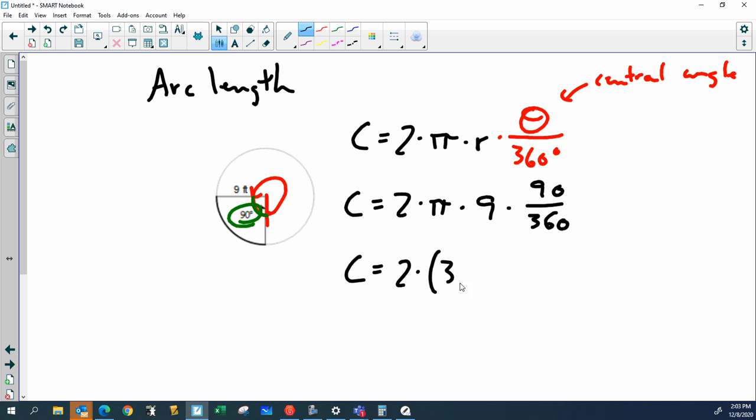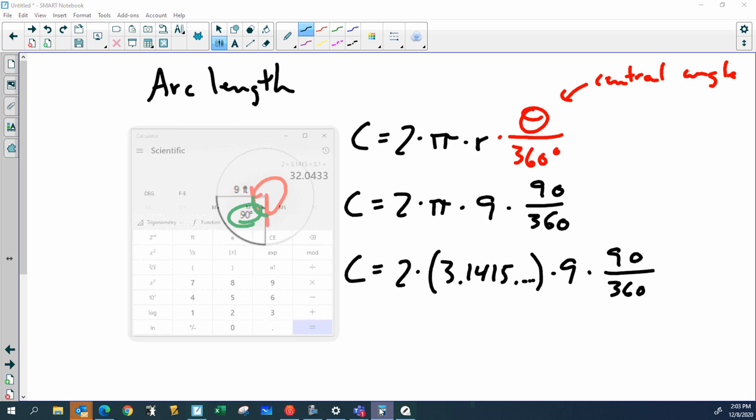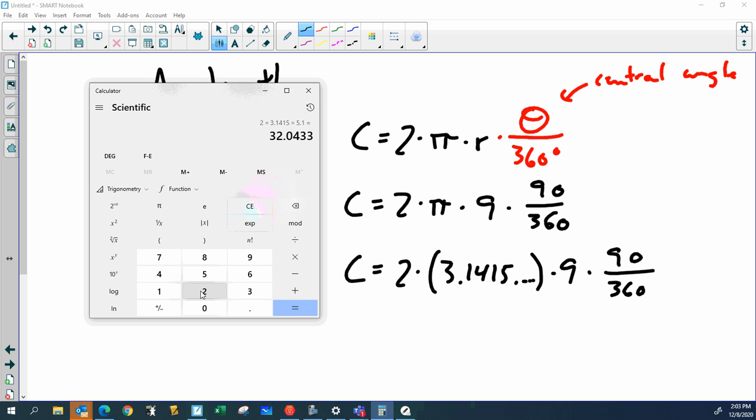Okay, pi is 3.1415, continuing forever. Okay, times 9, and then we go times 90 divided by 360. Now, the convenient thing is when we use our calculator, we can just type all that in. So we do 2 times 3.1415 times 9, times 90, divided by 360.